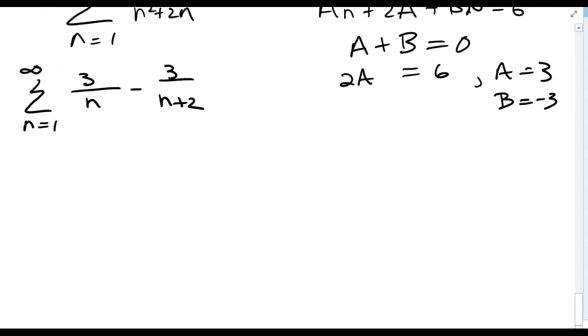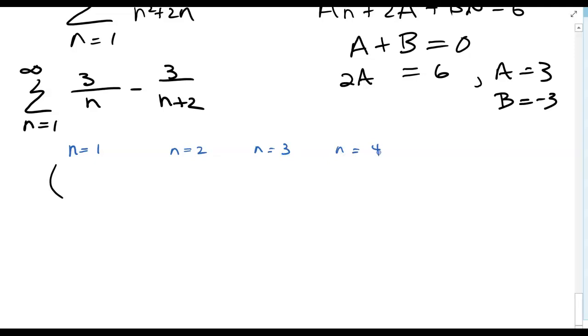Now with these telescoping series, you really just need to work the whole thing. You have to put the terms together and see what you got. So we're starting at 1. You just start writing them out. So the first term is going to occur when n equals 1. Then we'll do n equals 2, n equals 3.